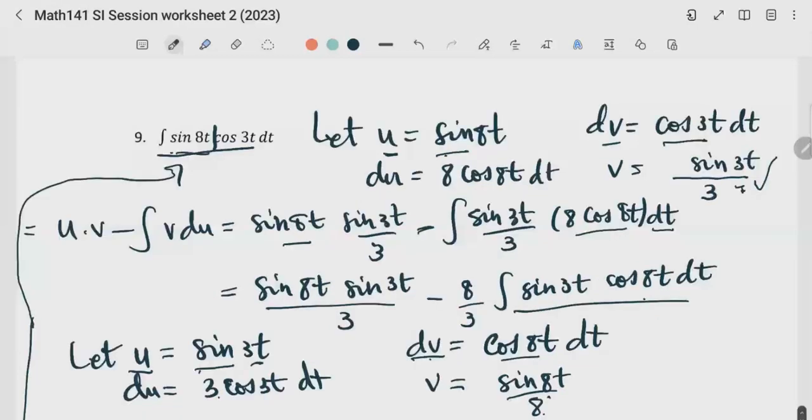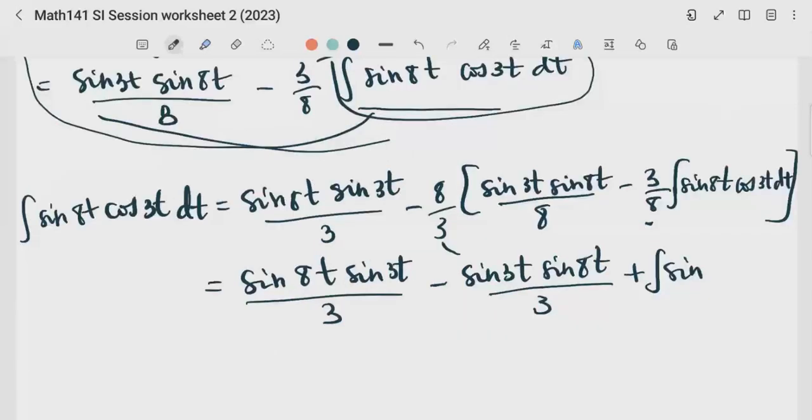So it seems as if we made a mistake somewhere. Right, so I will suggest that in the interest of time, since we're already running past the time, I want you guys to attempt this problem, go through the calculations again, and see where we made a mistake, because as you can see, this is going to cancel, and then you will be left here with sine 8t cos 3t dt, which is basically the same as there.